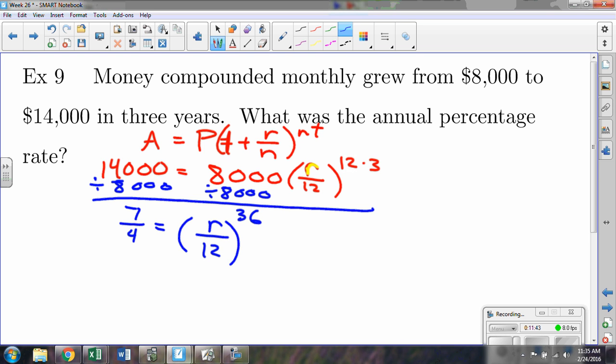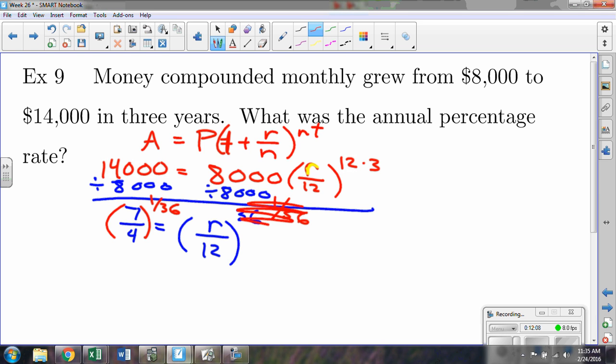And we're actually back like the type we were doing in our last unit. How do you get rid of an exponent of 36? By raising it to another power, the 1 over 36 power. We know a power raised to a power, we have to multiply them, and those reciprocals cancel out to 1.